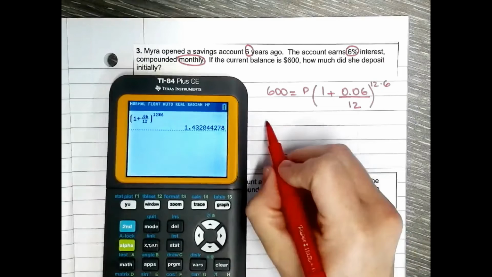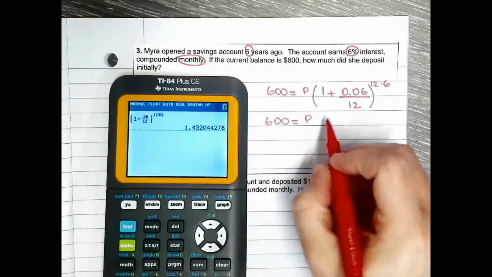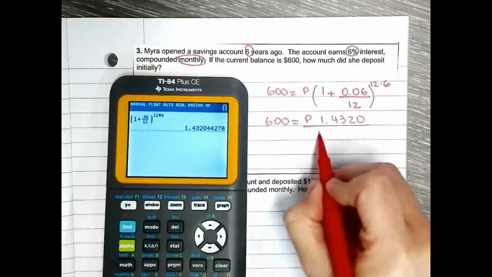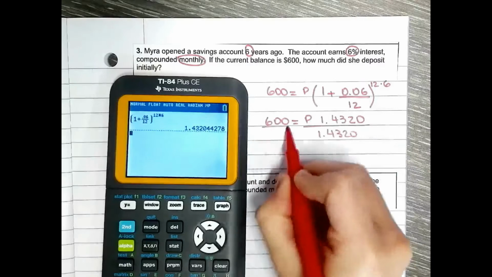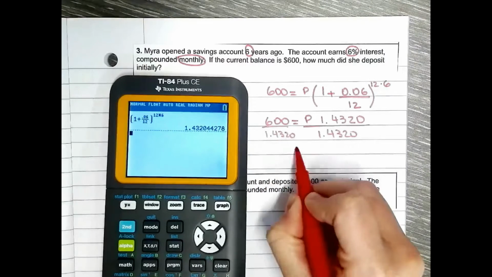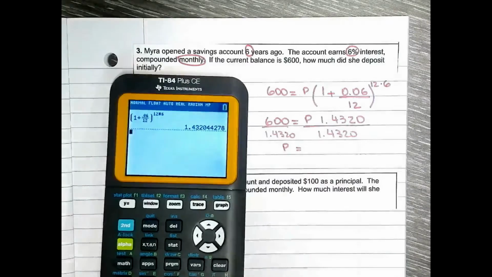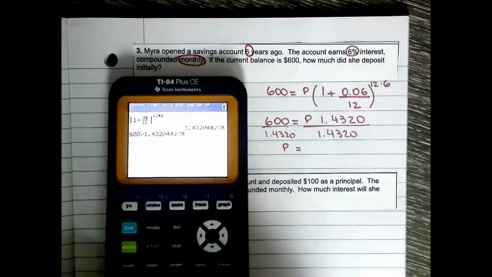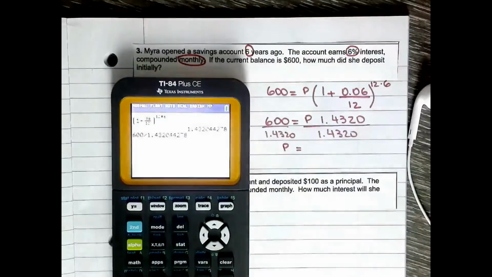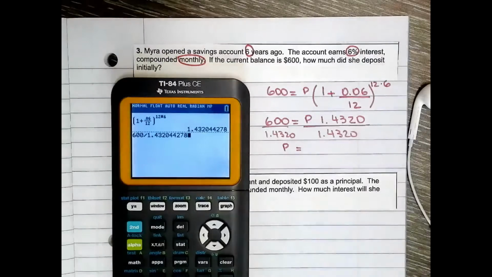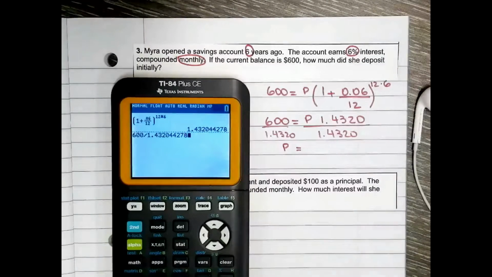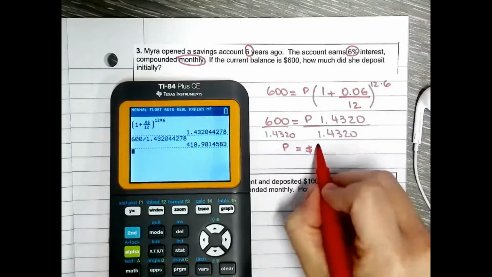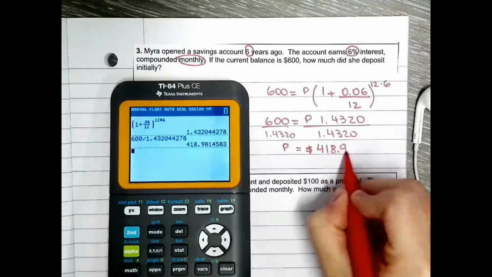And after a little while, you're going to have the formula memorized. Divide both sides. So 600 divided by that. So she deposited $418.98.